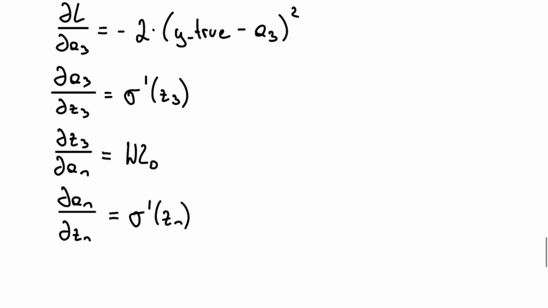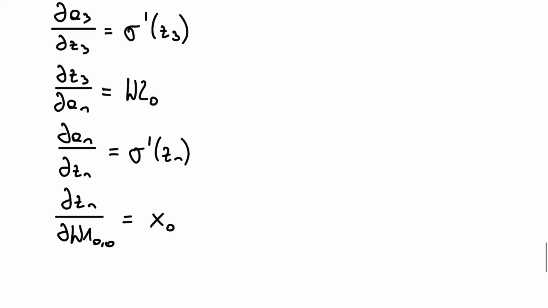Then dA1 by dC1 is again just the sigmoid derivative evaluated at C1. And dC1 by dW100 is simply x0, the first input of our input vector. And that's how we get the full chain of derivatives for this one specific weight.